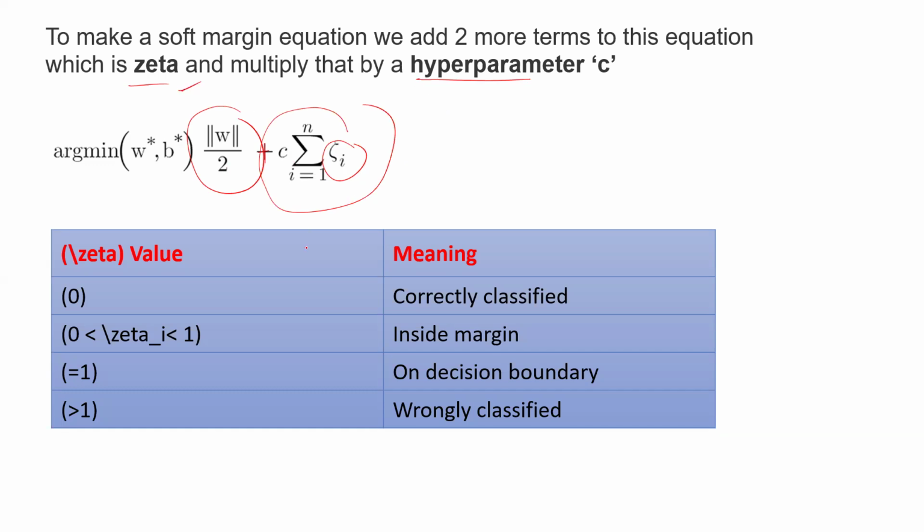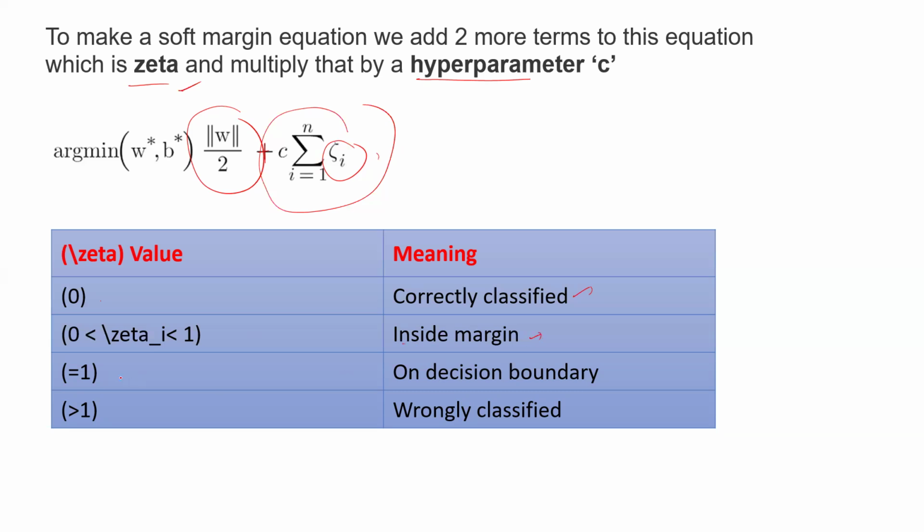Let's see how we can understand zeta when its value is high or low. If it is zero, the point is correctly classified. If the zeta value is between 0 and 1, the point is inside the margin.